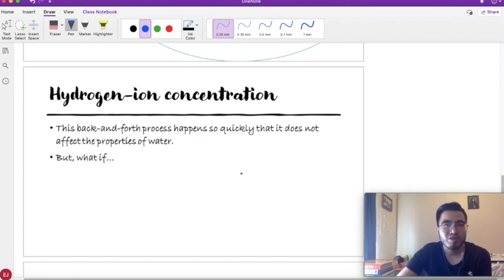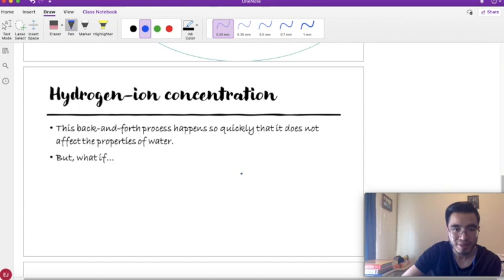It happens so quickly that it doesn't affect the properties of water, meaning it does not make it acidic or basic.